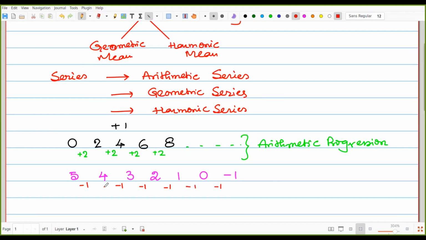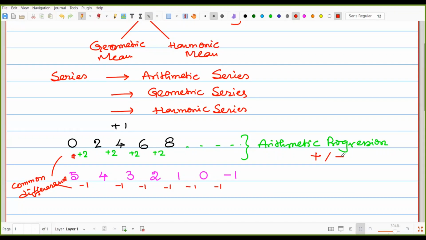The plus 2 or minus 1 are known as the common difference. When a common difference with plus or minus is involved, that is an arithmetic progression, and from here we can find the arithmetic mean also.